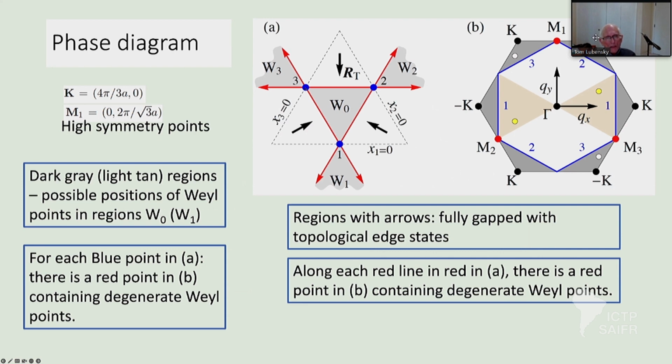So when we get to this point, it corresponds to a degenerate Weyl point in B, which are the red sites. Okay. The regions with arrows are fully gapped, as we said, with topological edge states, and along each red line in A, there is a red point in B, okay?